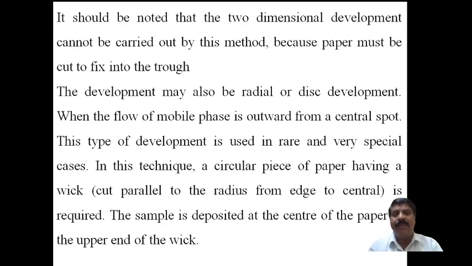This is the descending development in paper chromatography. Now the third one is the radial or disc development. Paper chromatography can also be used to separate compounds by the radial method or disc development, when the flow of mobile phase is outward from a central spot.